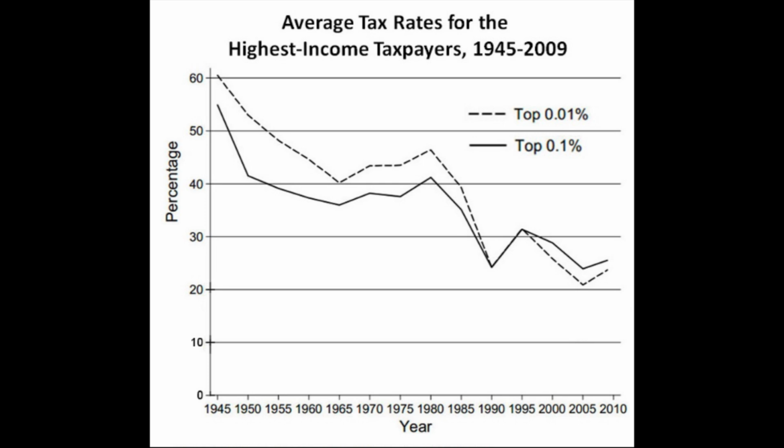You can see from this graph that the value of top 0.1% in 1990 is around 25, which is lower. You can see from this graph that the value of top 0.01% in 1945 is around 60, which is the highest. You can see from this graph that the value of top 0.01% in 2005 is around 21, which is the lowest. In conclusion, this graph is very informative.